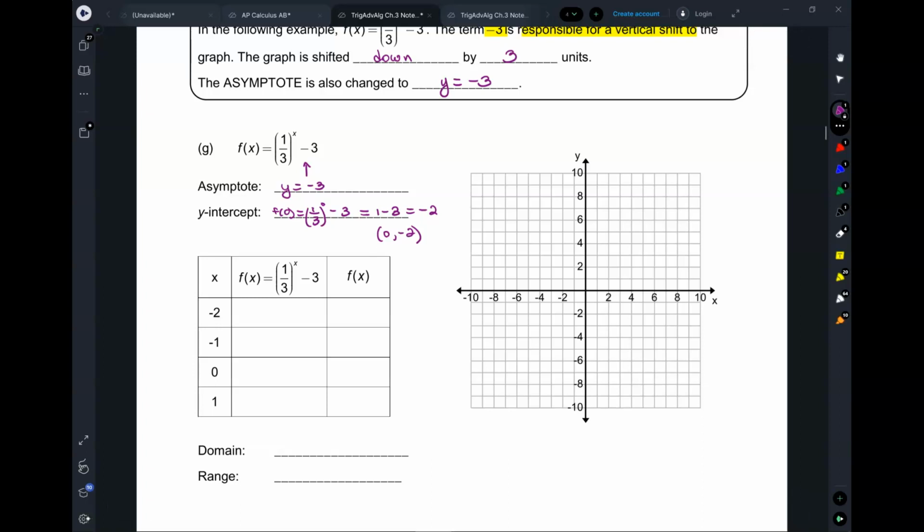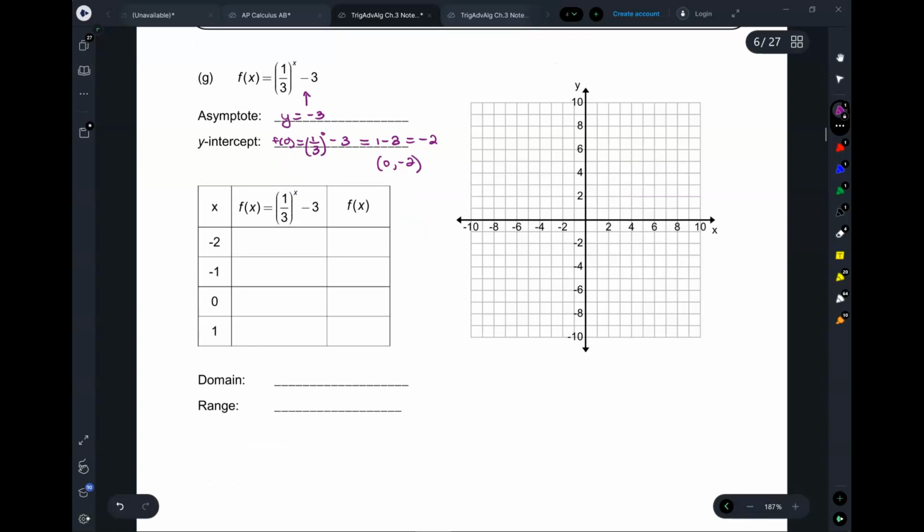Technically this is decay, so I did pick these numbers for this one. Let's go ahead and do this. 1 over 3. Wait, is it decay? It is decay because the number raised to the exponent is a fraction. So 1 over 3 to the negative 2 minus 3. Take a look at what happens here. You have a negative exponent that belongs to the 1/3. You take the reciprocal. So 3 to the 2 minus 3.